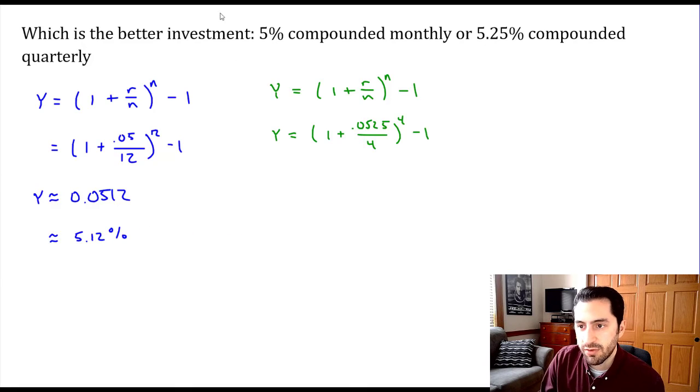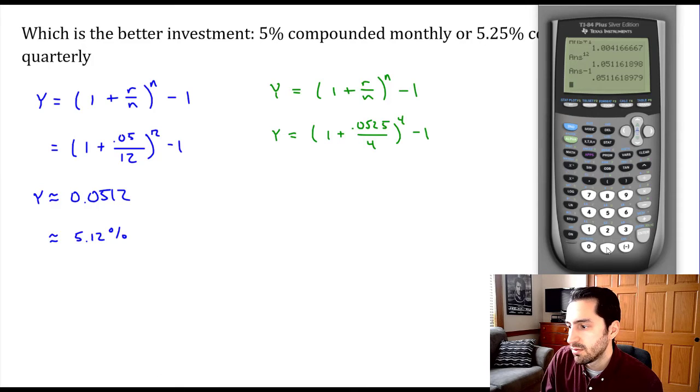Now let's do the same thing for our second one. So typing this in, we'll start inside our parentheses, so 0.0525. That gets divided by 4. To that, we're going to add 1. So that's the decimal that would be inside the parentheses. That gets raised to the 4th power.